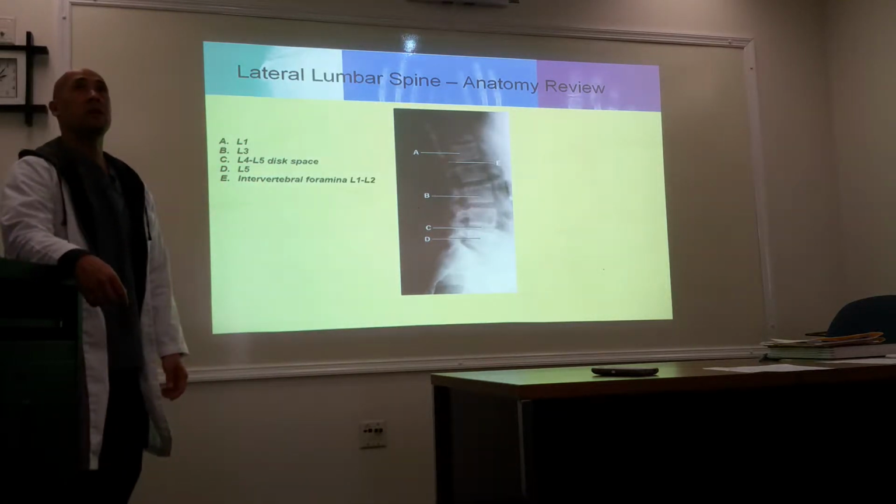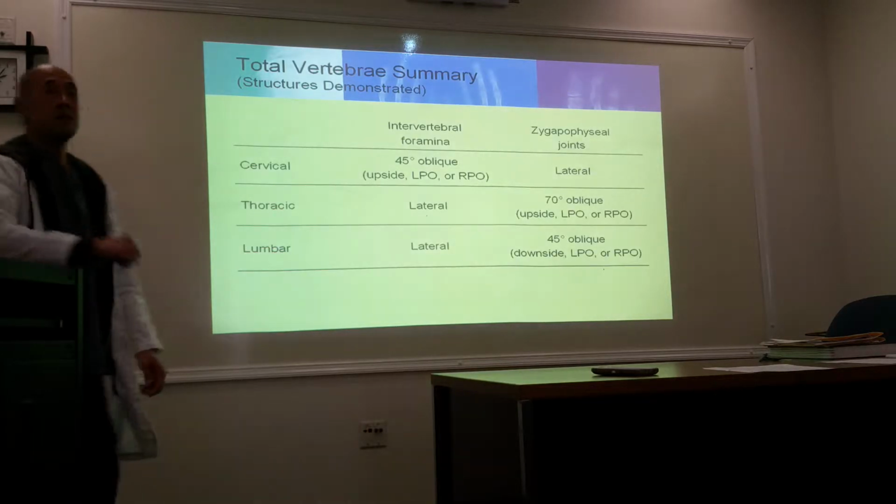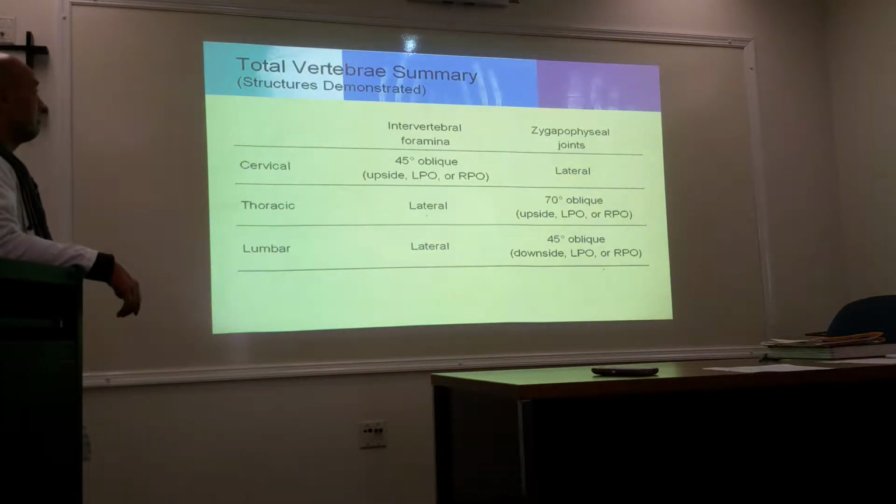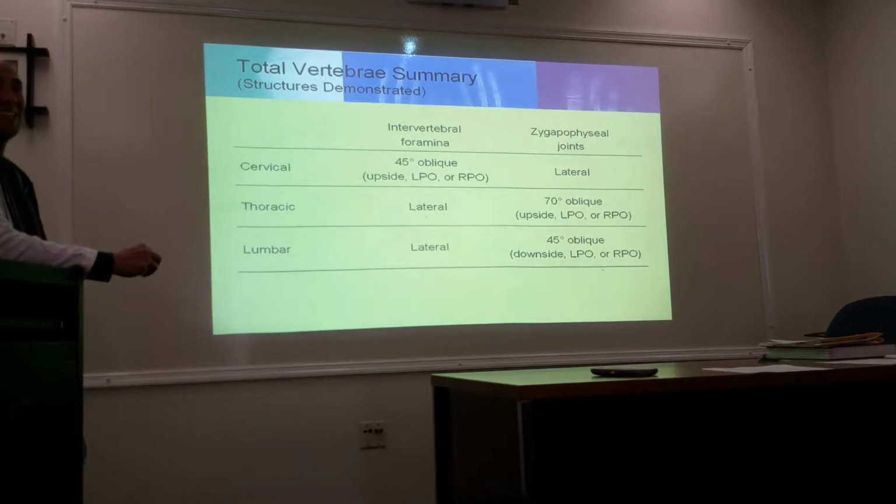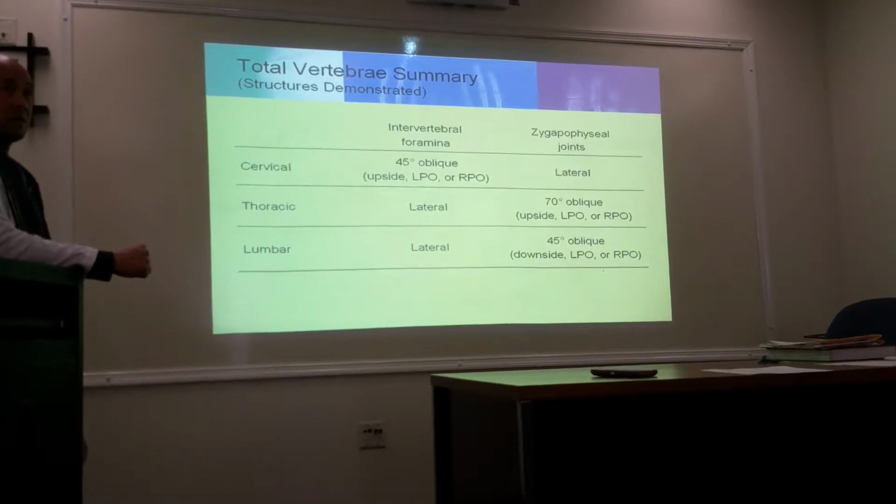Wait, which position is best for the disc space for the C-spine? Is it also lateral? For the disc space, it is the lateral. So that's lateral for the C-spine, yes.